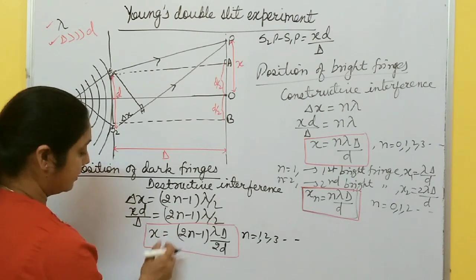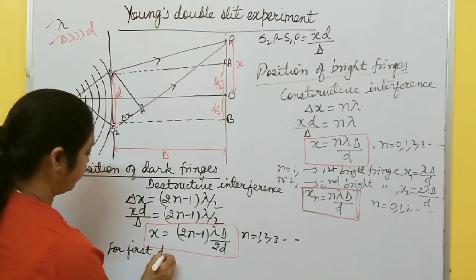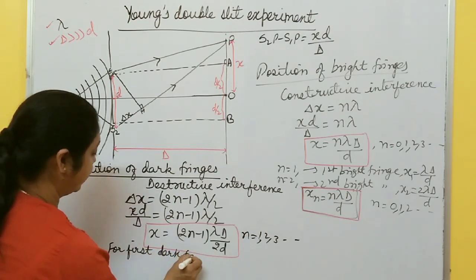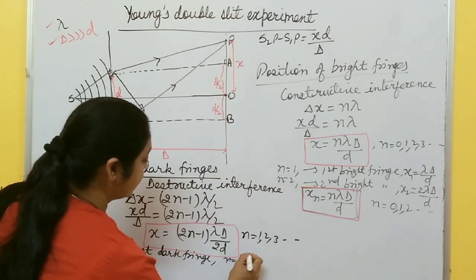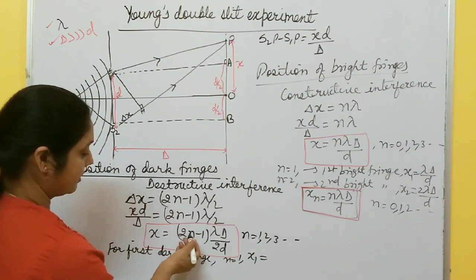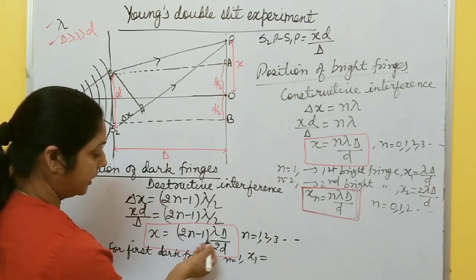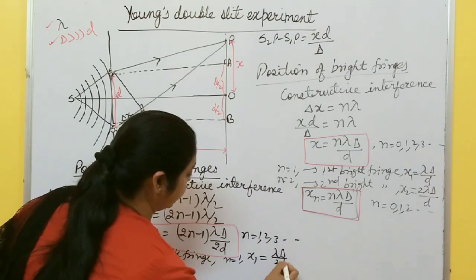It means for the first dark fringe, n is 1. So x1 is equal to (2 − 1) λD/2d.